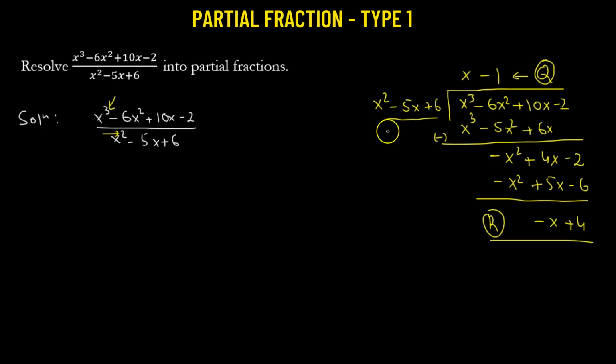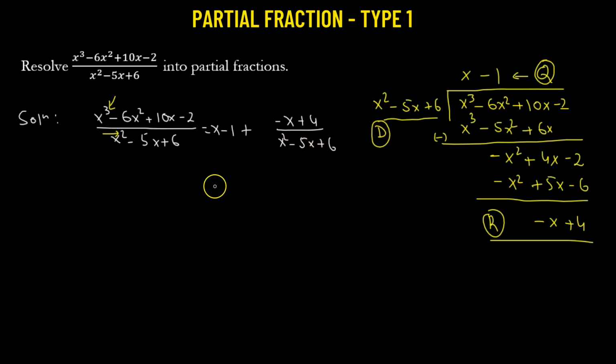Then we have the divisor. We only need these three things. That means we can now rewrite this as the quotient, which is x minus 1, plus the remainder, which is negative x plus 4, whole divided by the divisor, which is x squared minus 5x plus 6.